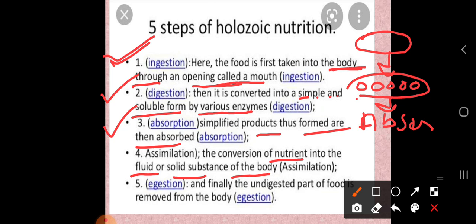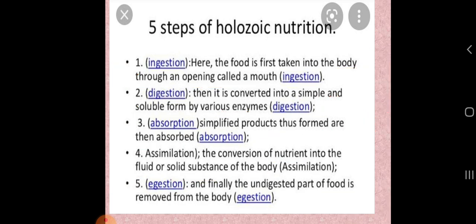This nutrition is converted into fluid or solid. Fluid means which can flow. So it may be converted into liquid form or solid form, and it is transported to the whole body. Then the fifth step is egestion.